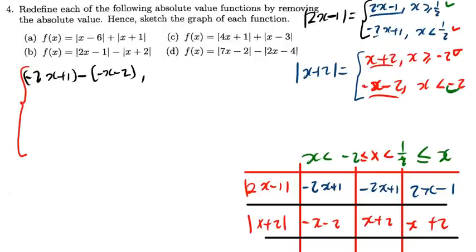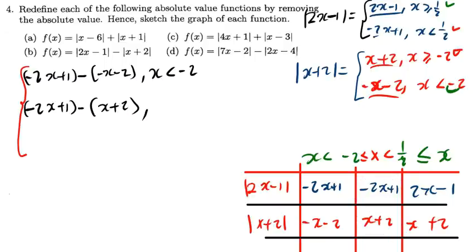So what is the condition? The condition is that x is less than negative 2. In the middle here, we have negative 2x in brackets plus 1 minus, in brackets, x plus 2. I'm just getting this and that.